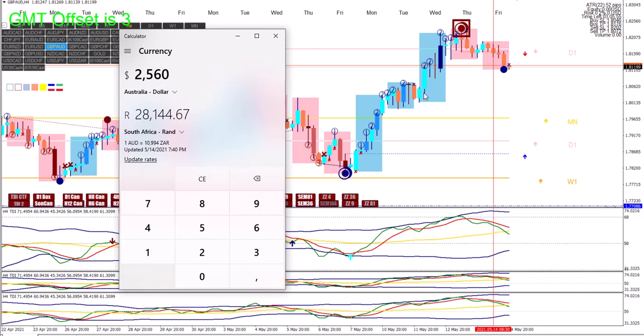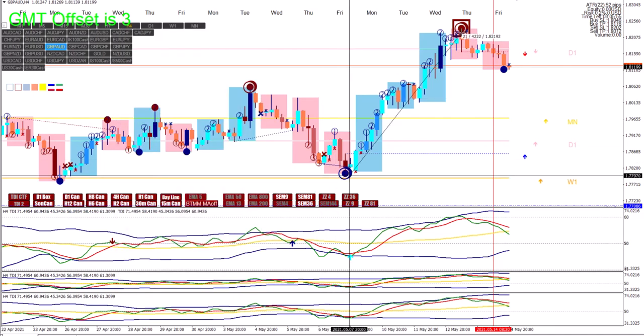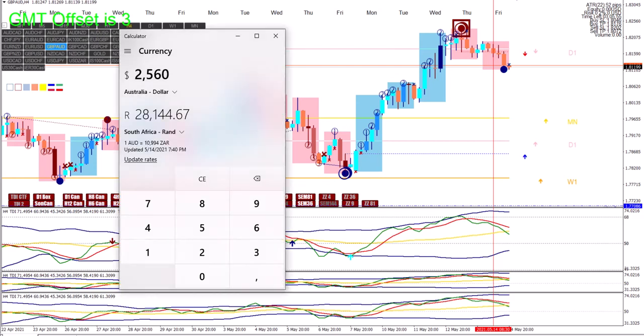This is probably a lot of money. That's why I trade 4,300 Australian dollars. So look at that, and then good night. 4,300 Australian. Come on. 4,300 Australian dollars, 47,000 rand.